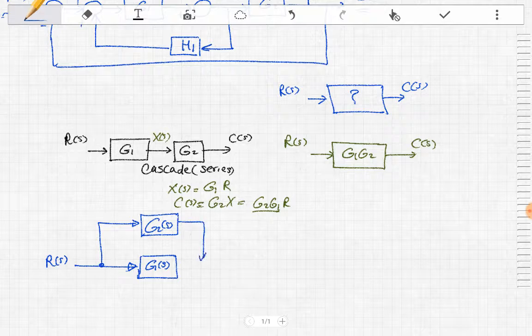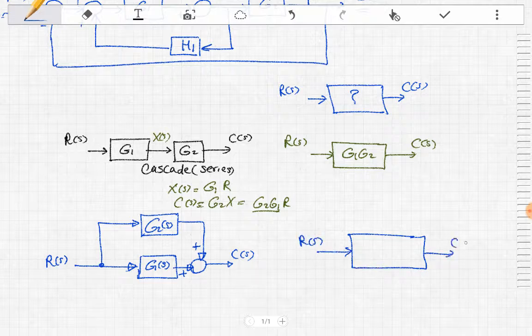The outputs of both, you just sum or subtract, whatever. Let's say that both are adding, and this is your C(s). I want to represent that by only one block that has the input R(s) and the output C(s).